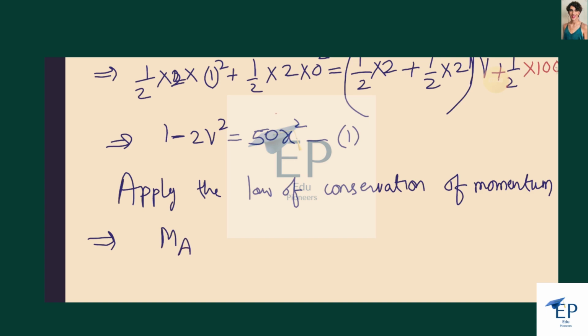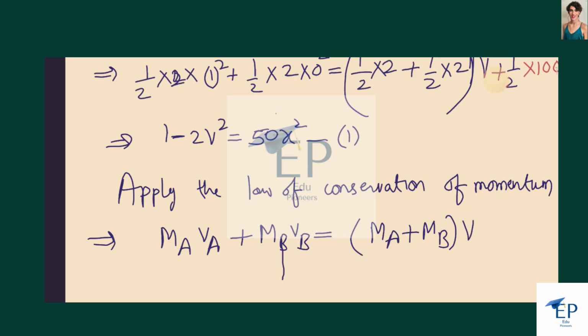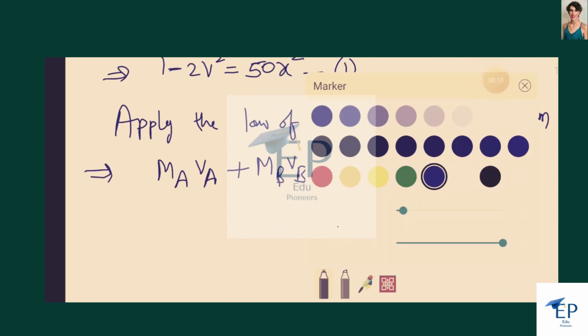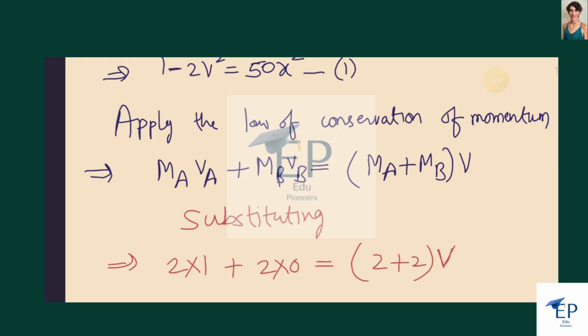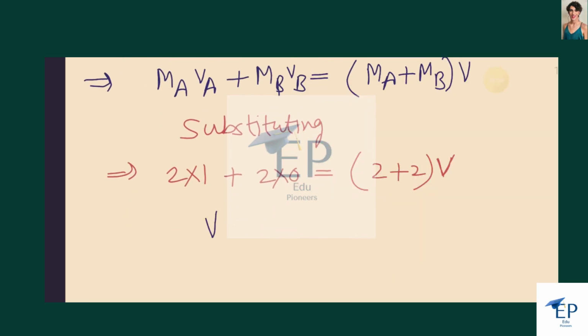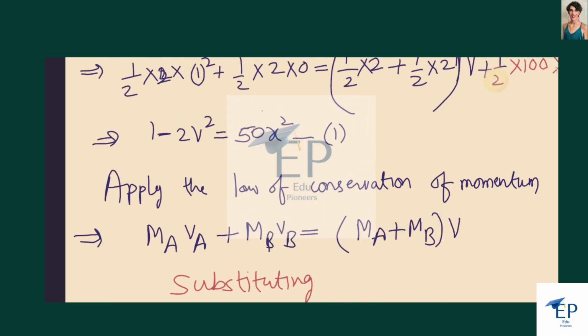Ma Va plus Mb Vb is equal to Ma plus Mb multiplied by capital V. After substituting, 2 multiplied by 1 plus 2 multiplied by 0 equals 2 plus 2 multiplied by V. Solving, I get V equal to half meter per second. So this is equation number 2.